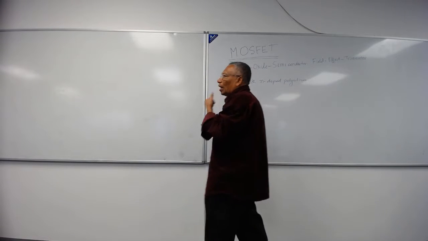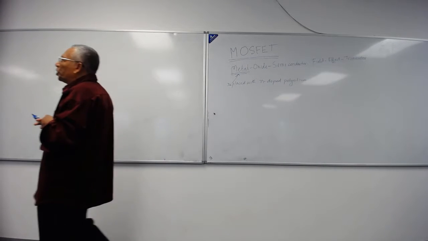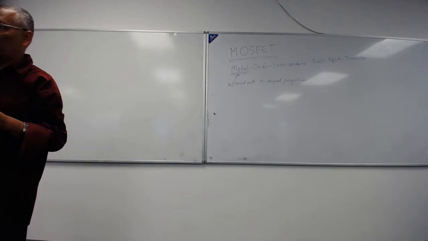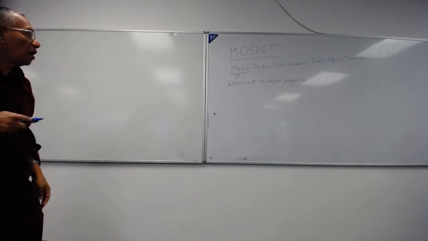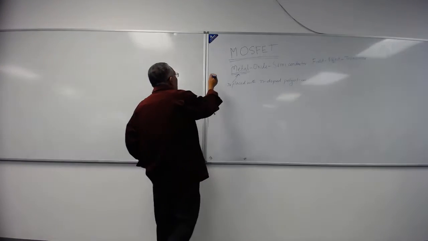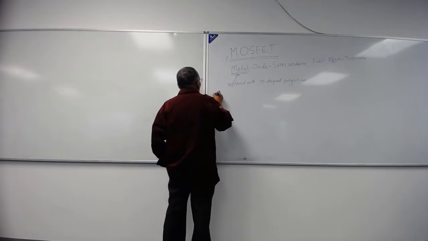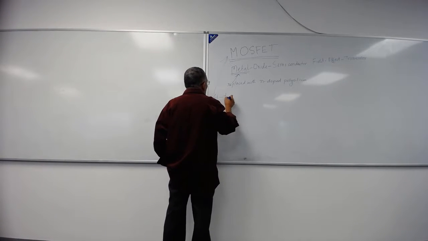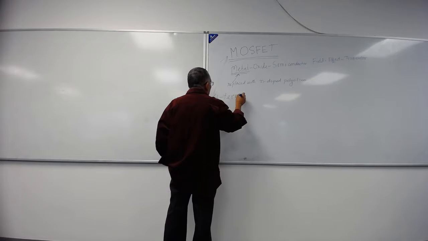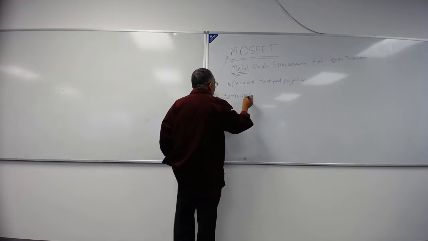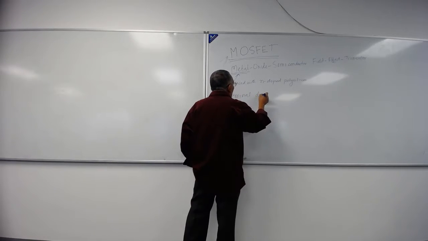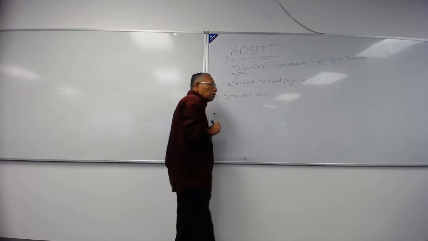Okay, so another main difference between BJT and MOSFET is that BJT is a 3-terminal device, isn't it? You have collector, emitter, base. But MOSFET is a 4-terminal device. All FETs are 4-terminal devices, okay?